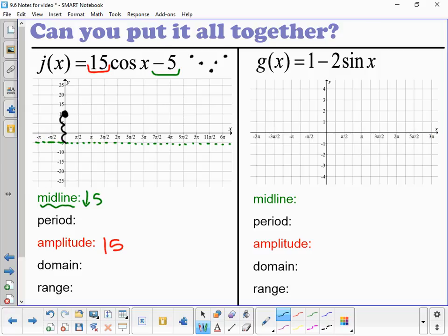And then down here at 2 pi, at the end of the one cycle, it's going to also be at that same value. Halfway in between, at the value pi, it's going to dip 15 below. 5, 10, 15 would put me here. It's not at -15, it's 15 below the midline.